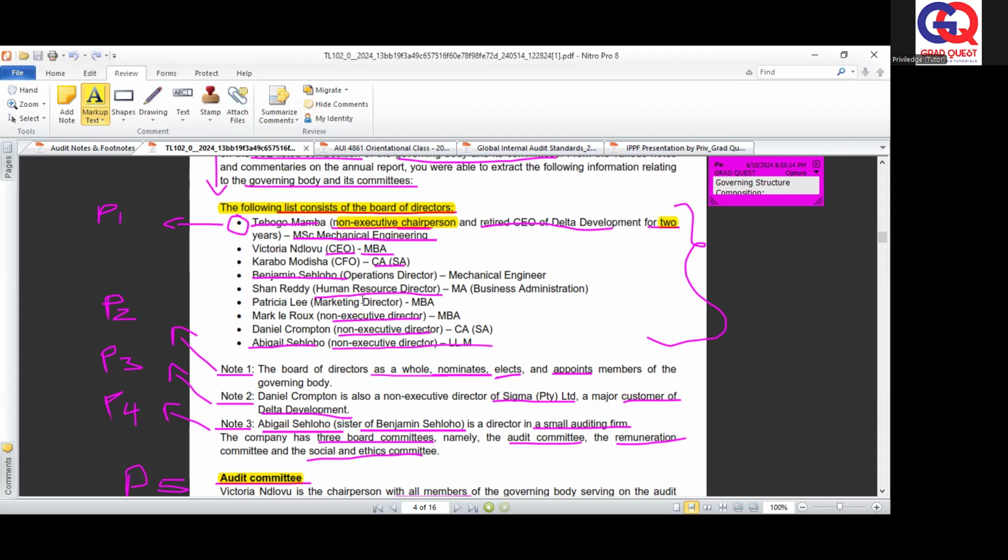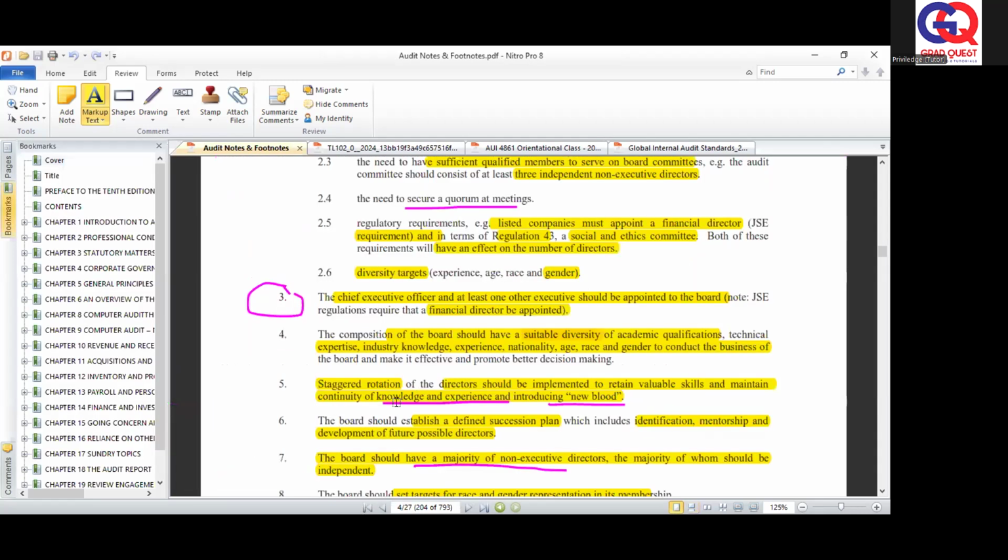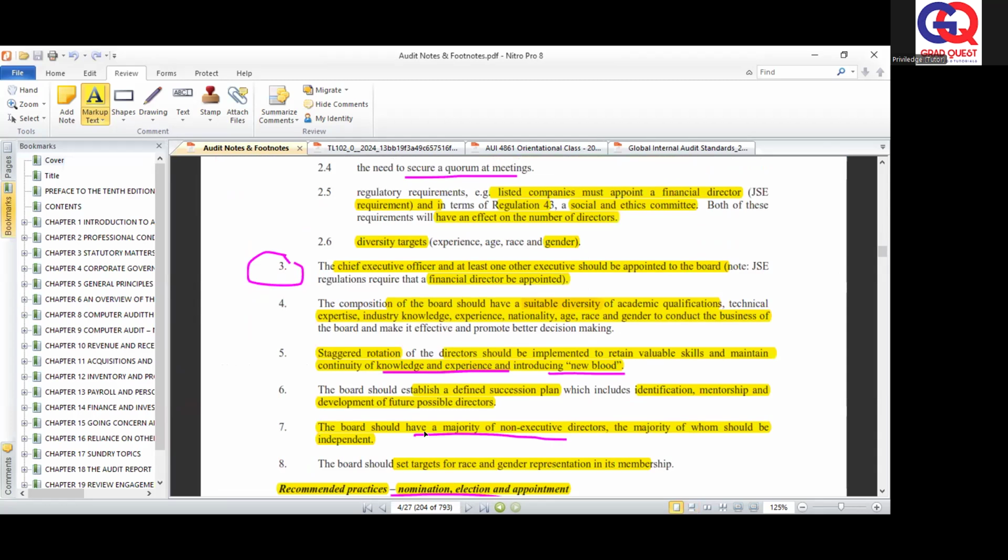Marketing director, that's 5 executive directors. How many non-executive directors do we have? 1, 2, 3, 4. But what does the King 4 report recommendation state? The board should have a majority of what? Non-executive directors. And the majority of whom should be what? Independent.